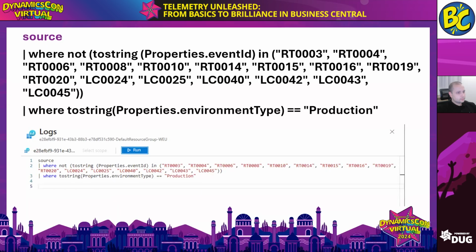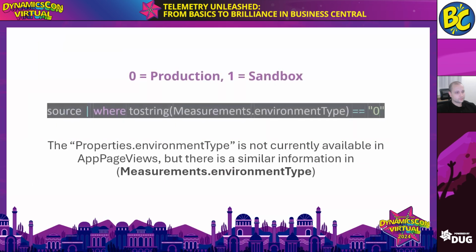On the next slide, we see the query, which serves as an example to exclude specific events based on their event ID, ensuring that only relevant signals are present in our telemetry data. By implementing this, we can streamline our telemetry to focus on crucial insights, making our data analysis more efficient and actionable.